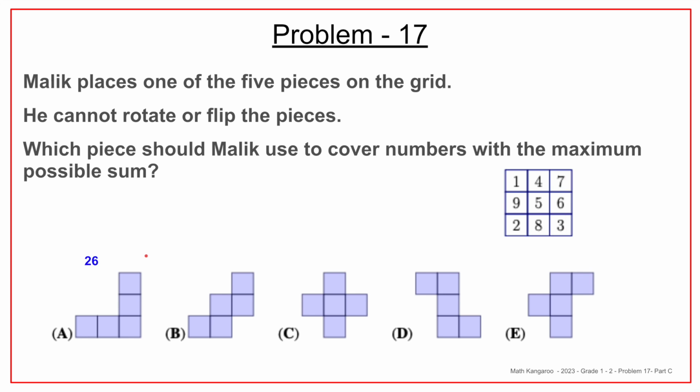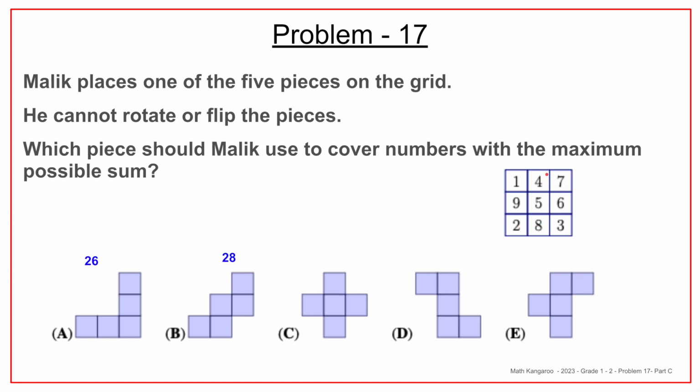Let's clear the screen now. We have option B. So we have 2 cover here, this one, this covers and this. So we have 7 plus 6, 13, 13 plus 5, 18, 18 plus 8, 26, 26 plus 2, 28. So we got 28 for option B. Let's clear the screen.